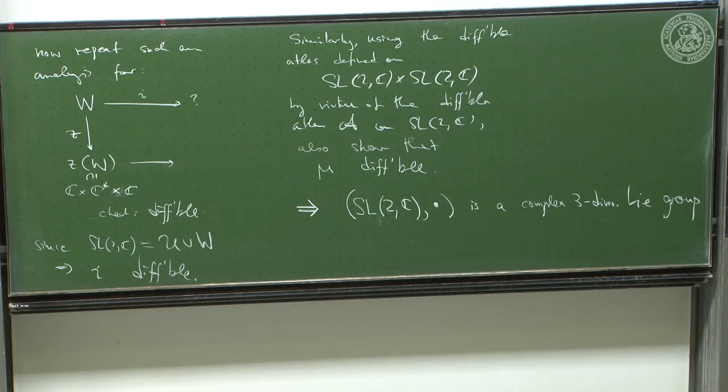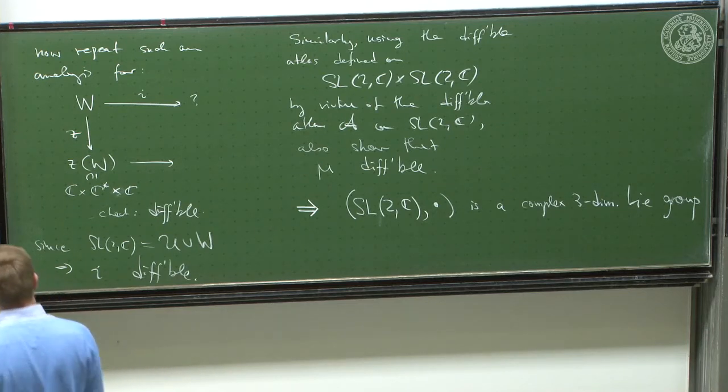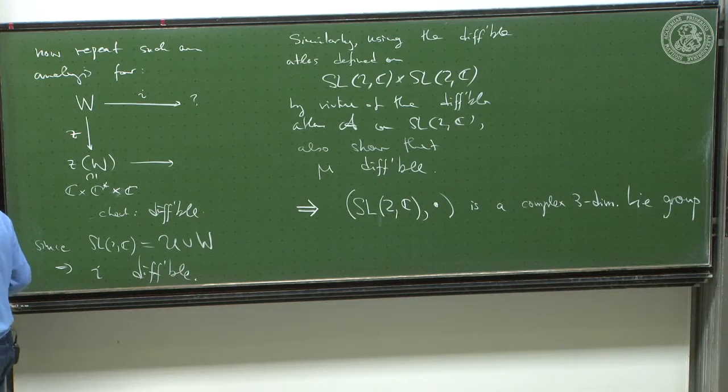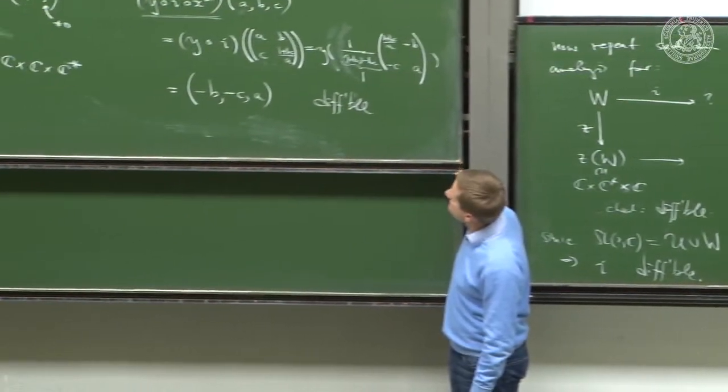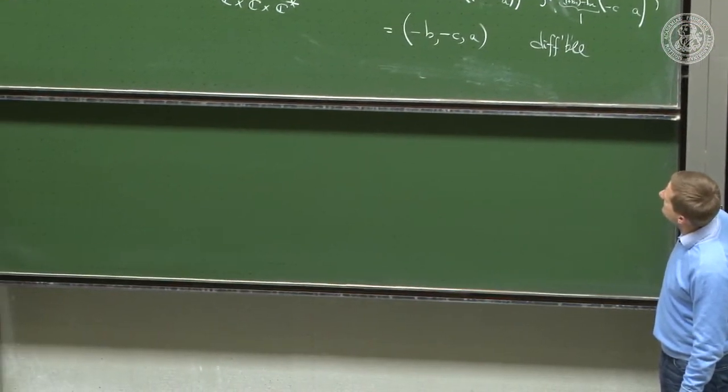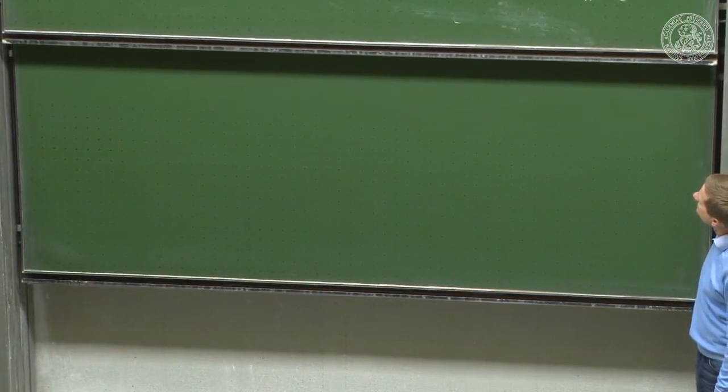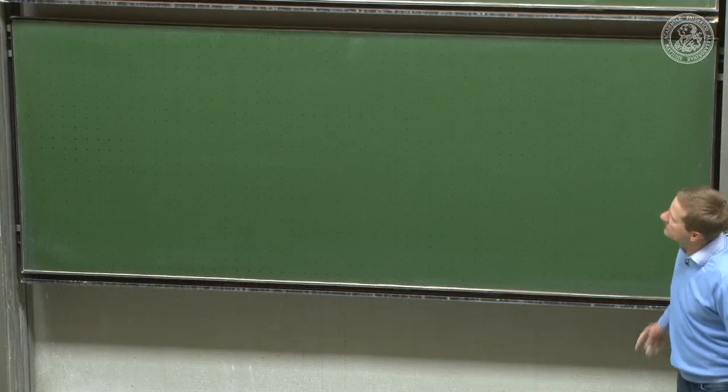So what's next? Well, we want to construct the Lie algebra of the Lie group. Where were we? Step F, is that right?